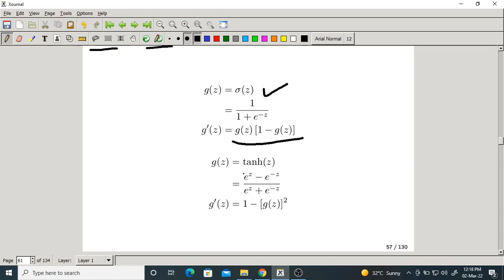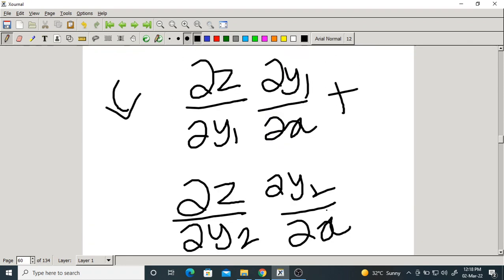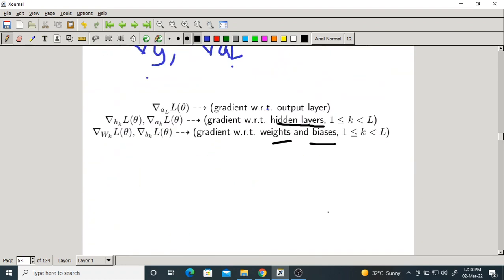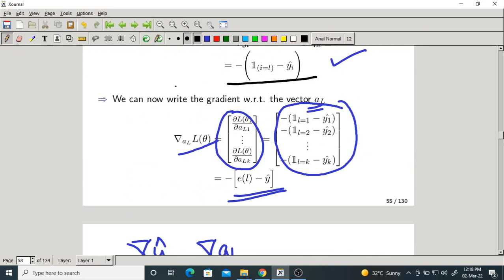If you take the tanh function, you get the derivative like this. These are required, you must know this, because they will be useful in the chain rule. Why? Because here I did not write the expressions for all these things. I only wrote the expression for this first quantity.